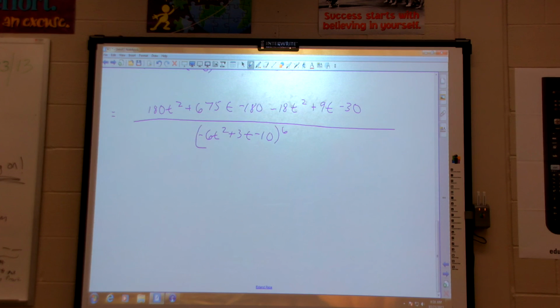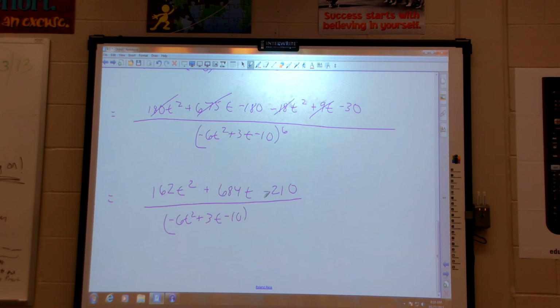Almost done. Let's combine like terms. 180 minus 18, 162t squared. Combine my t's, I get 684t minus 210 all over negative 6t squared plus 3t minus 10 to the 6th.